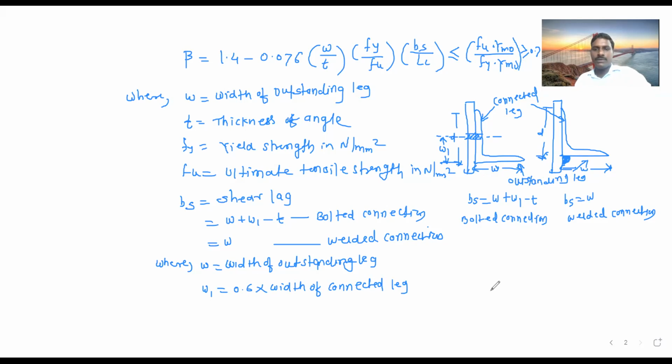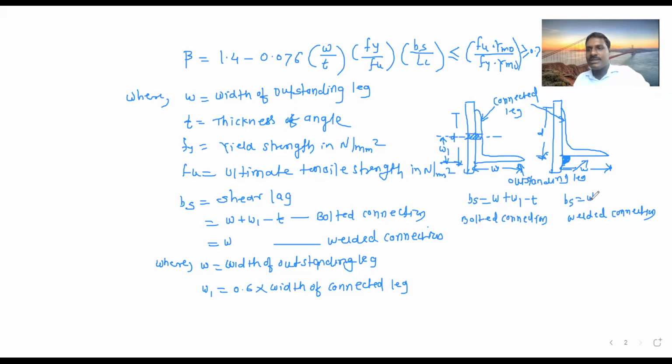See, I am going very slowly. We have to calculate BS. BS is nothing but shear lag. So how to calculate shear lag? Shear lag for bolted connection is BS equal to W plus W1 minus T. This is for bolted connection.